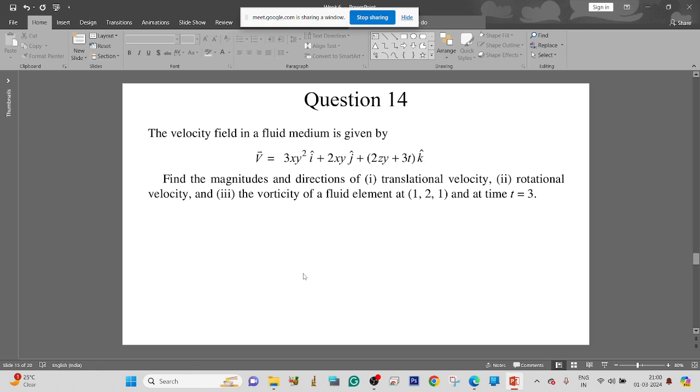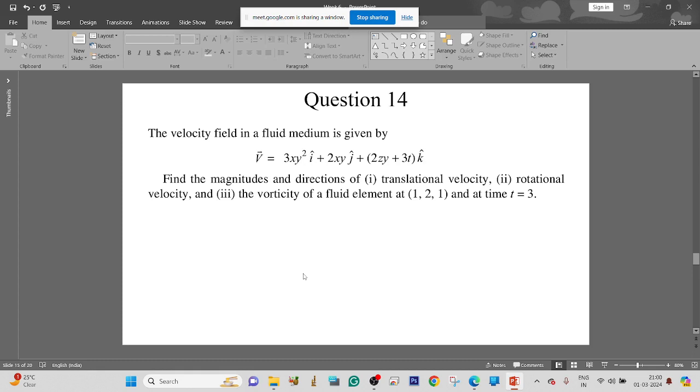You will get some u, some v, and some w, and those are the translational velocity vector values. Understood? And the rotational velocity vector, we already know. Yes, ma'am. For translation, it is 12i plus 4j plus 13k.